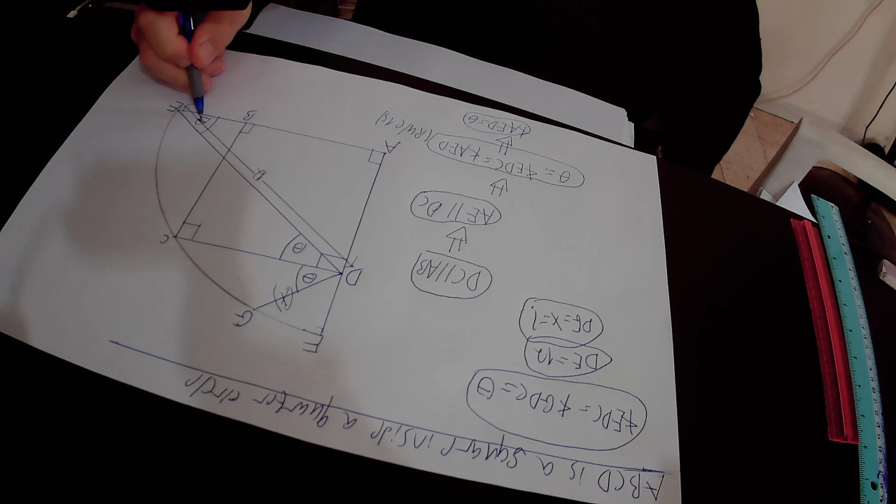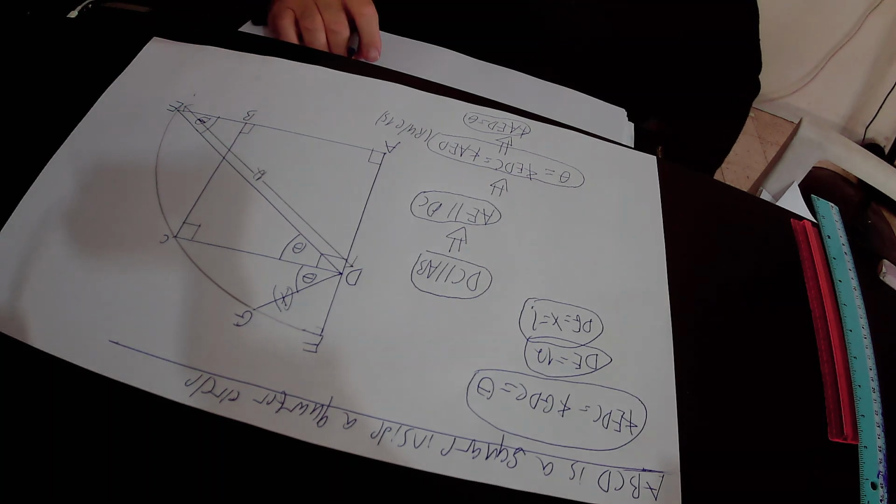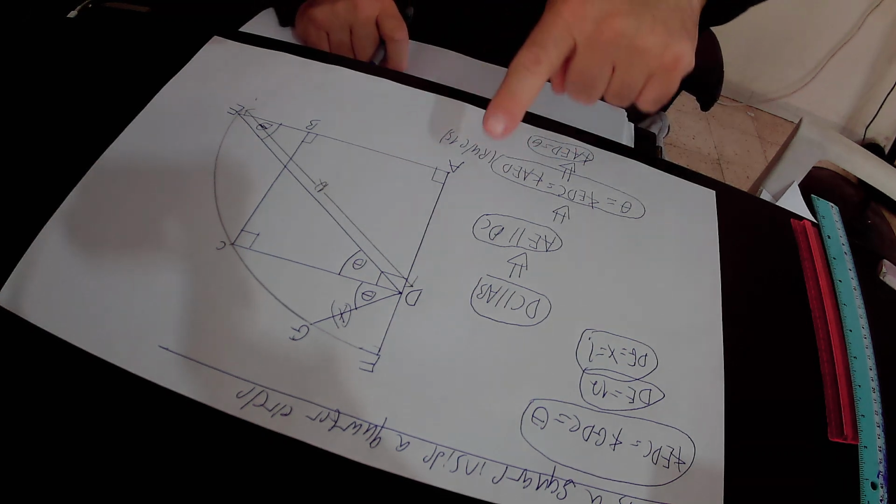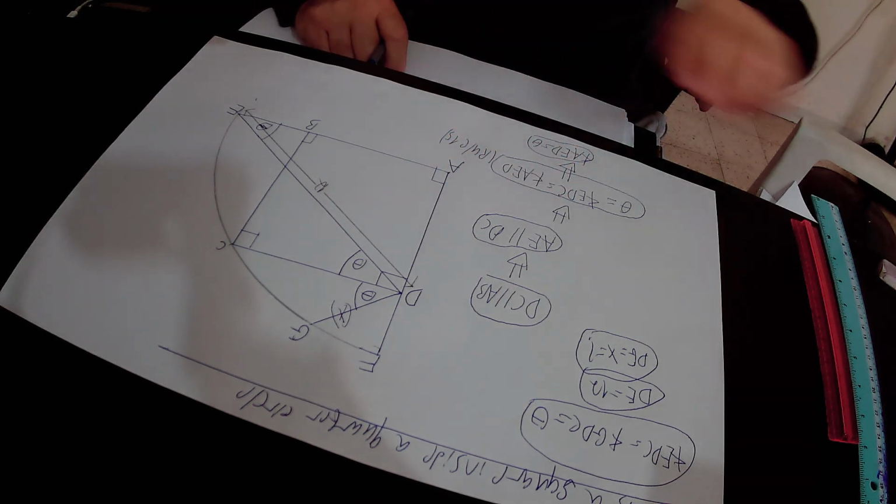In the next step, we will do a construction. That is to say, from point G we draw a perpendicular on AB.